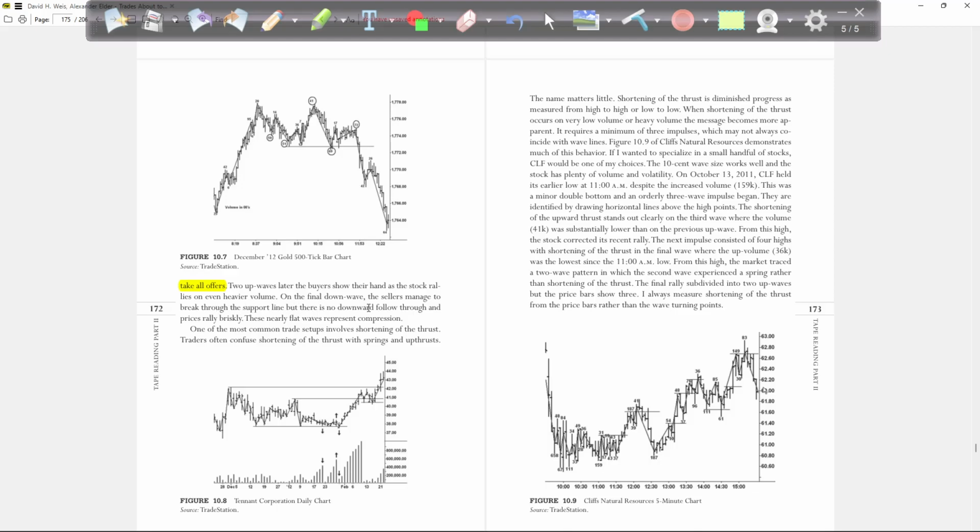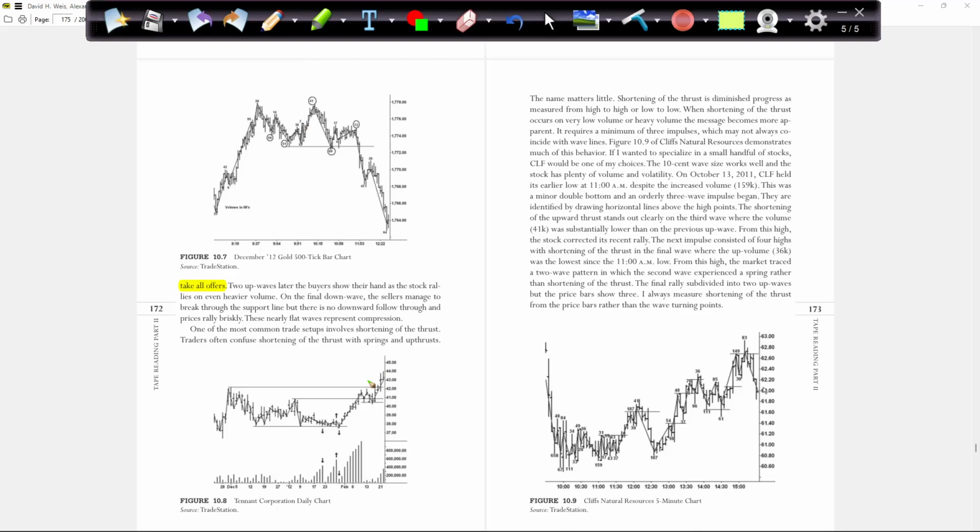On the final down wave, the sellers manage to break down the support line, but there is no downward follow through here, and prices rally briskly. These nearly flat waves represent compression.